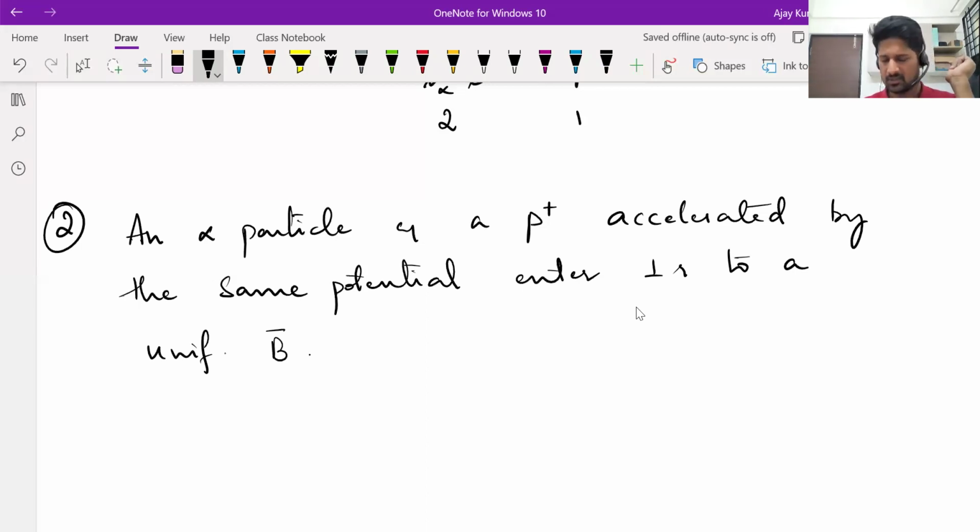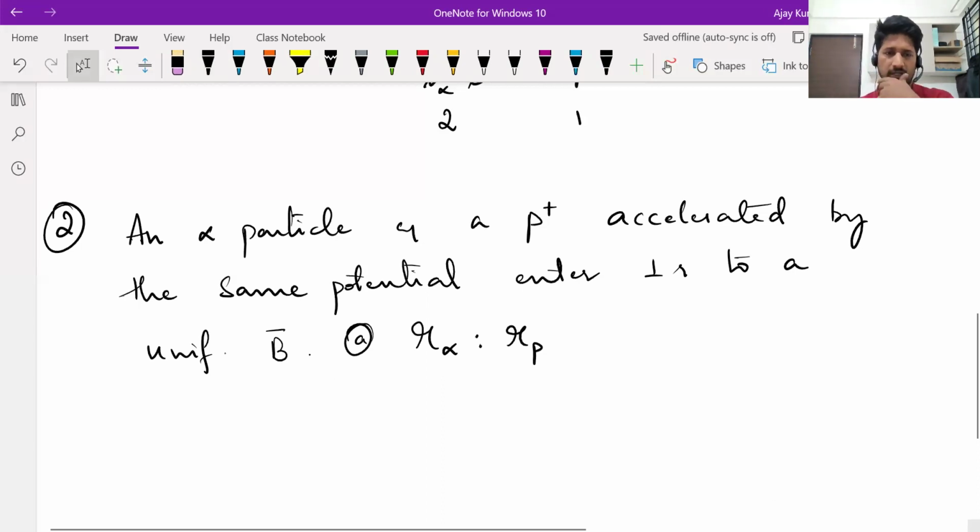The question is the same again. Calculate the ratio of radii of the circular paths they would follow. And second part, time period. Time period, you can easily do it.